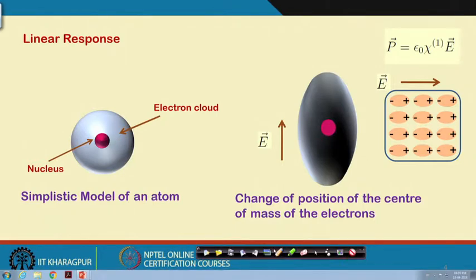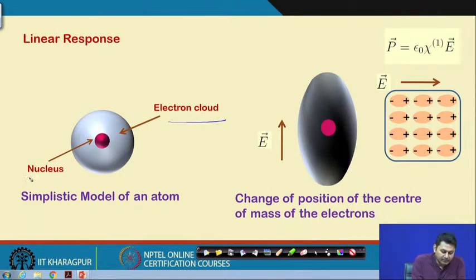In linear response, without any electric field, this is the structure: we have an electron cloud and a nucleus here. The nucleus is surrounded by the electron cloud.